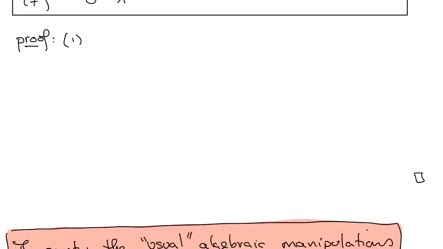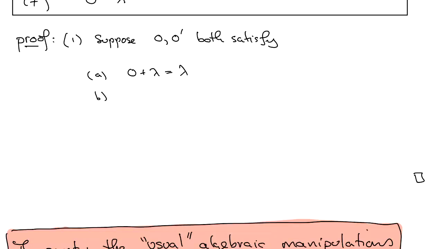So let's say we've got 2 zeros. Both satisfy 0 plus lambda equals lambda, so the condition of being a 0, for all lambda in F. Remember that upside down A just means for all, in case you've forgotten.